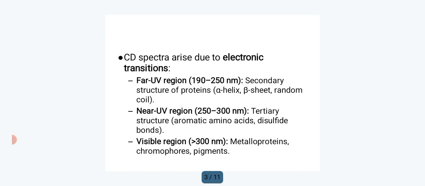In the near UV region, the range between 250 to 300 nanometers, it is used to study the tertiary structure of proteins, for example aromatic amino acids, disulfide bonds, etc. In the visible region, above 300 nanometers, it is used for metalloproteins, chromophores, and plant pigments.